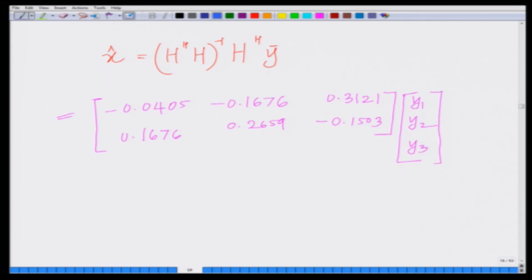On the left hand side I have x hat, which is x1 hat, x2 hat.